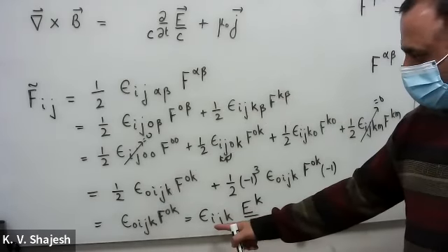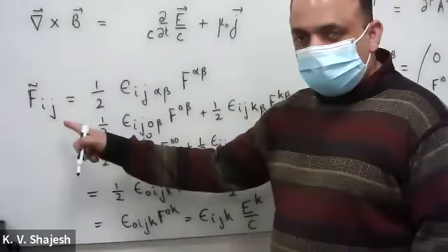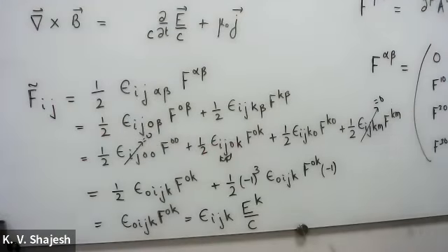So the first component, or when i and j are 1 and 2, that's 3. Right? So this means that this is, and this again doesn't matter if it is up or down. So I'll write this as, sorry, E3 over c. This is minus E2 over c, and this is E1 over c.